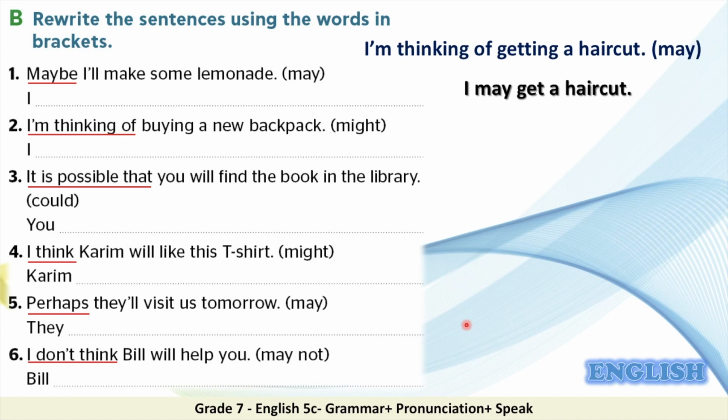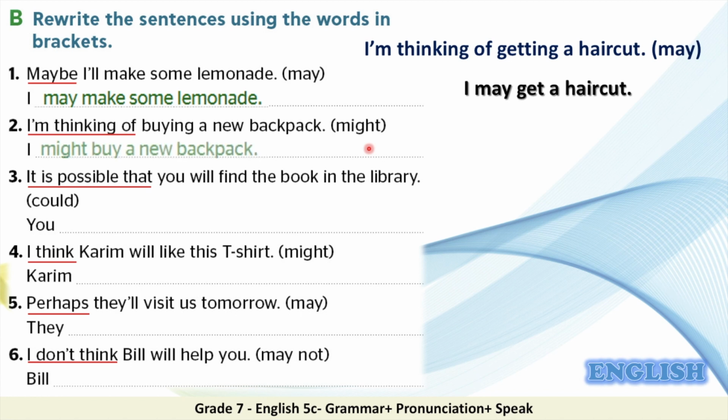Number one, excellent. I may make some lemonade. 2. Excellent. I might buy a new backpack. 3. Perfect. You could find the book in the library. 4.